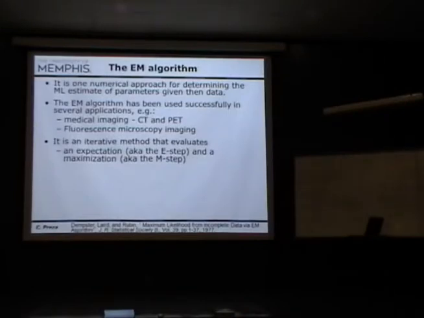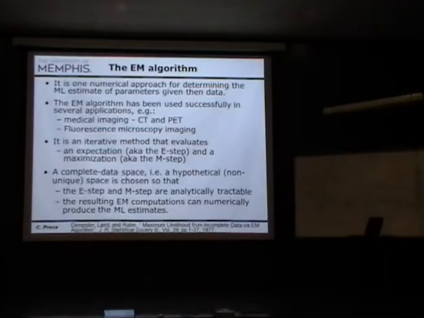So as I mentioned, it is an iterative method, and it performs 2 steps, an expectation and a maximization. And the key thing, if you ever come across one of these algorithms, or you want to develop one, is that there is this notion of a complete data space.